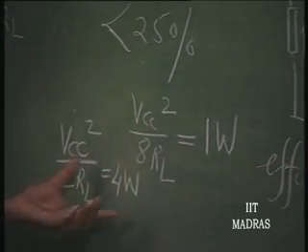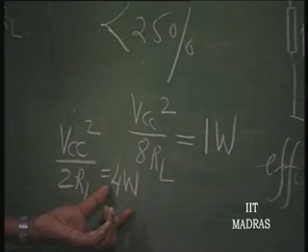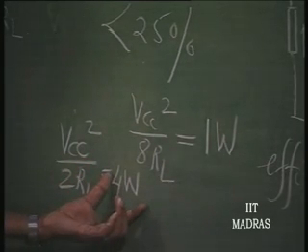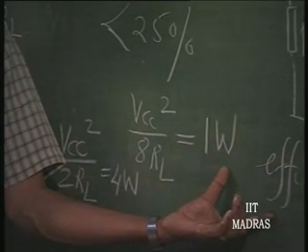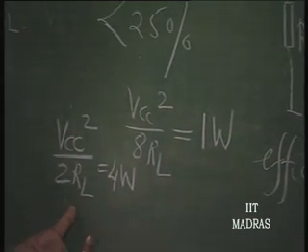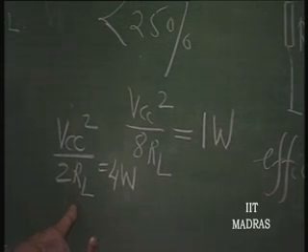That means, the quiescent power I must be prepared to waste is 4 watts in order to get a power of 1 watt output. This 4 watt is going to be dissipated continuously.